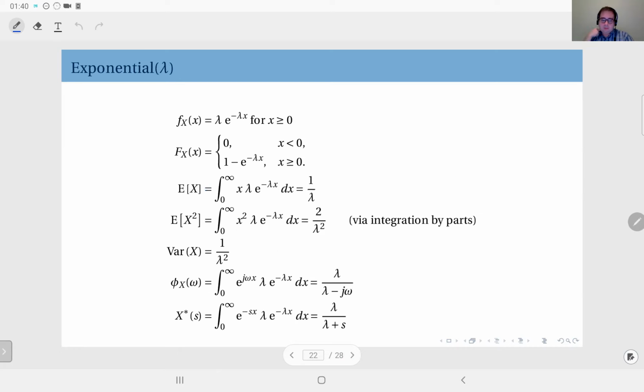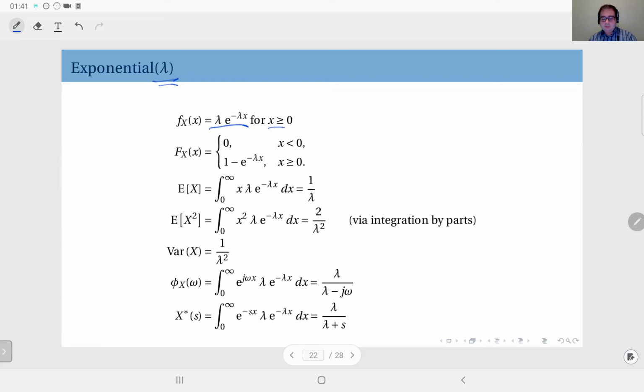So the next one we will talk about is the exponential distribution. Again, the parameter used for the exponential distribution is lambda. Later on, I'm going to give another parameterization, but for the time being, and actually throughout this course, we will use this parameterization. The PDF is given by lambda times e to the power minus lambda times x.